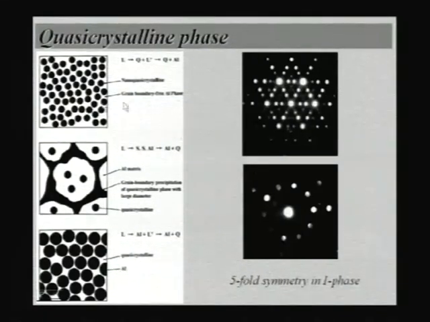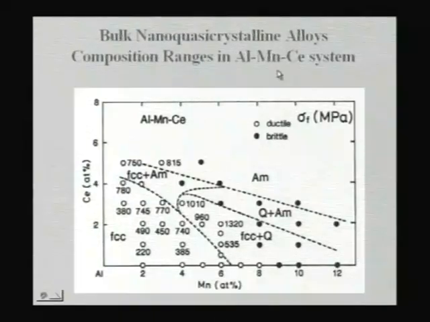In all such cases, one can achieve very good mechanical properties, and we will try to see some of those mechanical properties. These diffraction patterns show you that some of these alloys are quasicrystalline in nature. For example, the 10-fold pattern that you can see, and the 3-fold pattern with a quasi-periodic arrangement of diffraction spots. I should not say atoms, these are diffraction spots, and one can get an idea that these are basically quasicrystalline. Look at some of these systems.